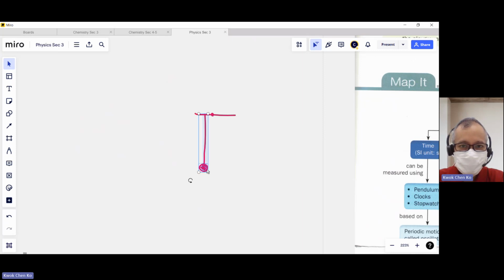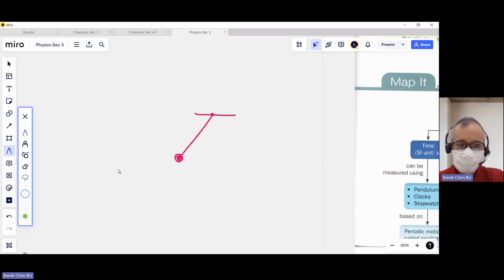Now, this thing, hold on, if I allowed it to start from here, this is my starting point, and I let go, it's going to swing.